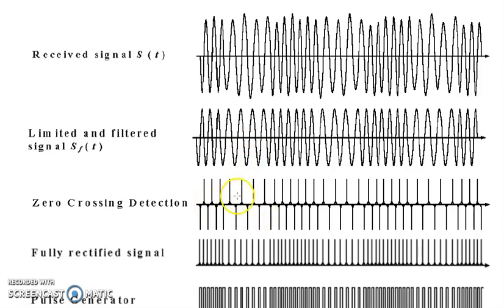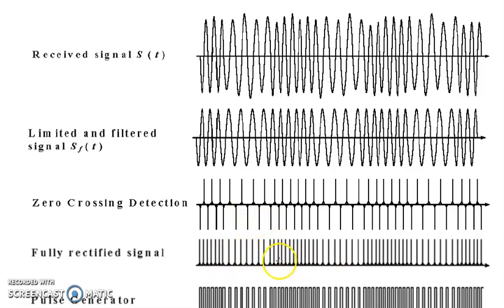Now if the output of the zero crossing detector is passed through a full wave rectifier, as we know, a full wave rectifier provides a unidirectional signal. So the bidirectional signal, positive spikes and negative spikes, is converted into unidirectional.